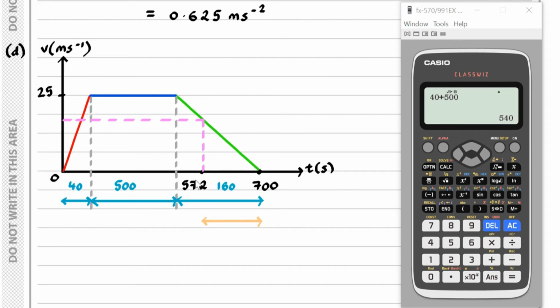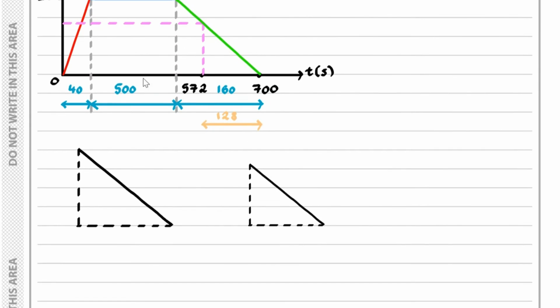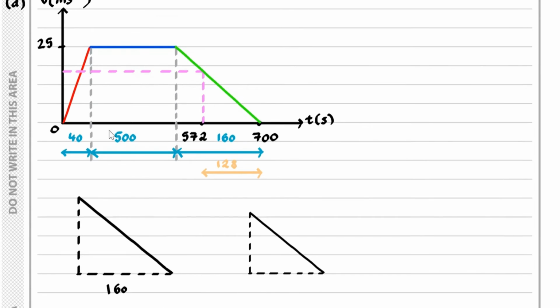First of all, from 572 to 700, that's 128. So we've got two similar triangles. Here we've got 160, and the height will be 25. Here we've got 128, and we are finding this height. We'll call it h for now.